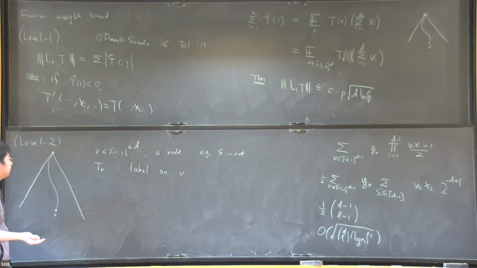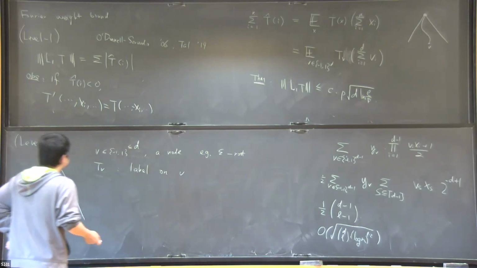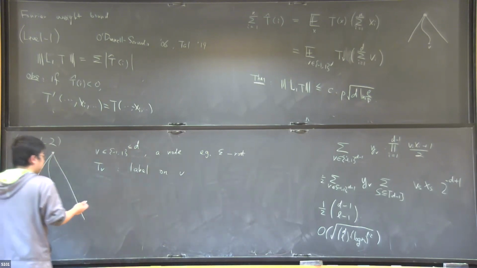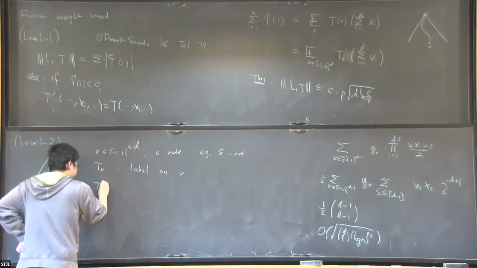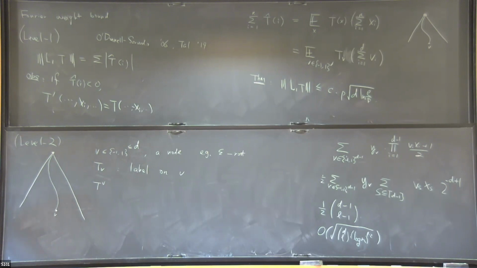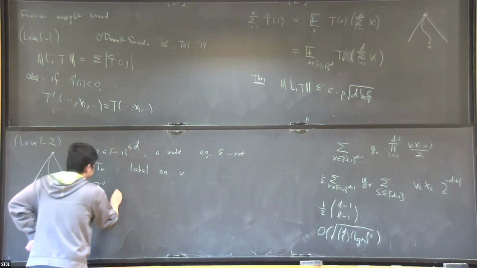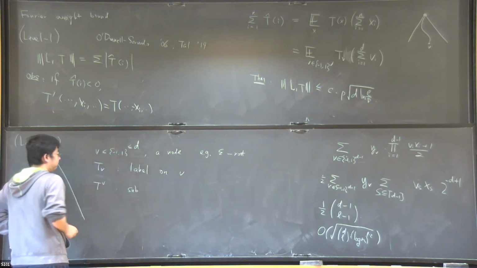When v is an internal node, then this will be the index of the variable that you want to query. And it's probably a bad choice of notation, but we'll also use subscript v to denote the subtree rooted at v.